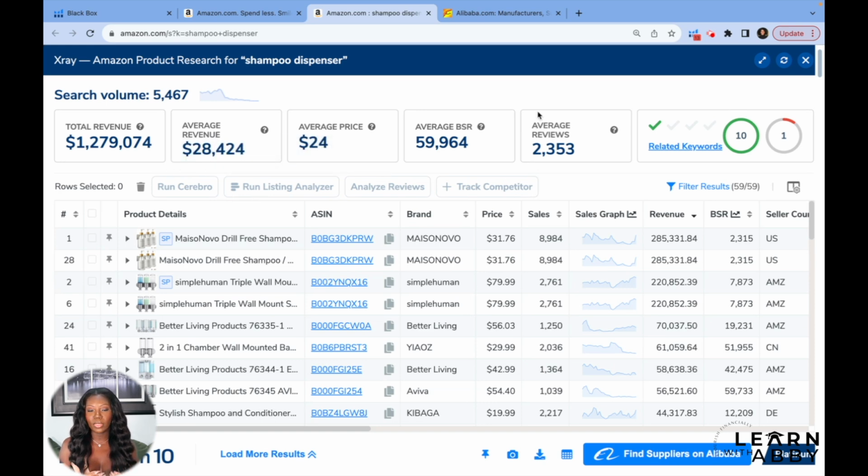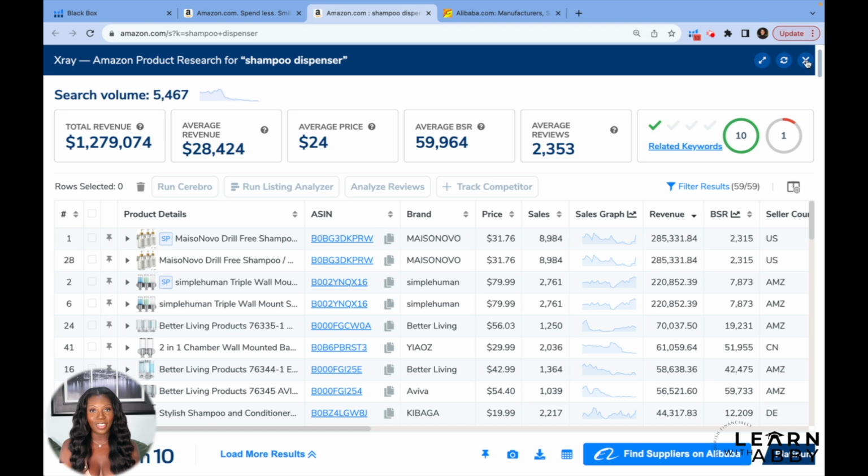I remove the results that are not relevant to the product I'm trying to sell. So if I'm trying to sell one that is mounted on the wall and the results are showing me ones that are not wall mounted, I can remove those so that I get a more accurate depiction of the amount of competition, right? We don't want products that don't belong there messing up the numbers.